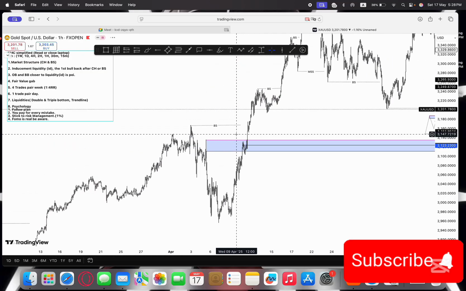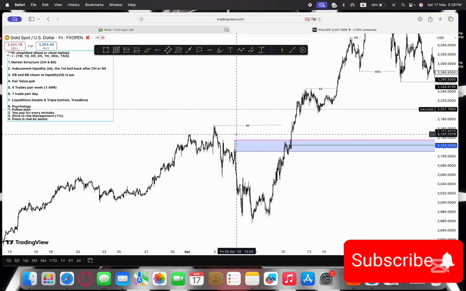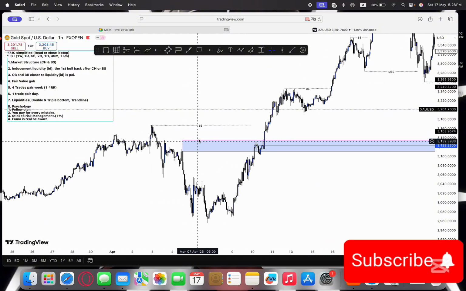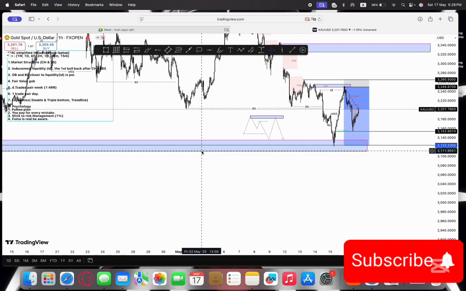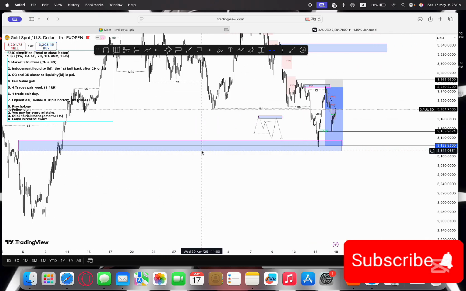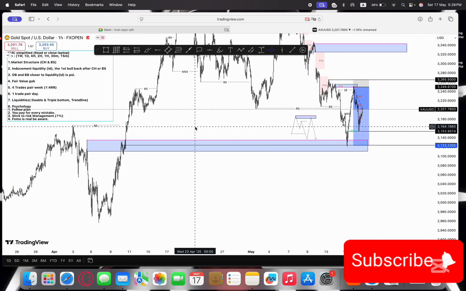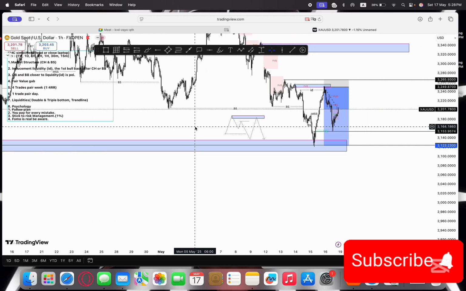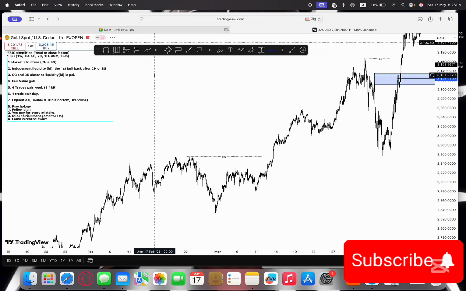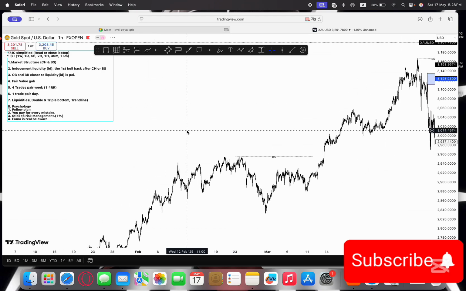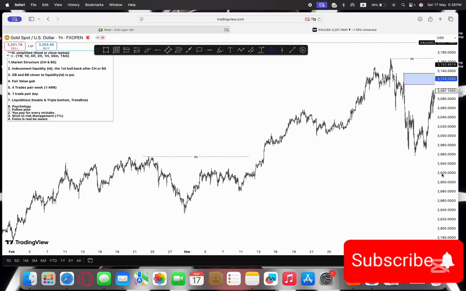So breaker blocks are failed order blocks. A classical example is what I have identified for you here. This one has actually played out. And let's identify another breaker block. A failed order block is a breaker block.